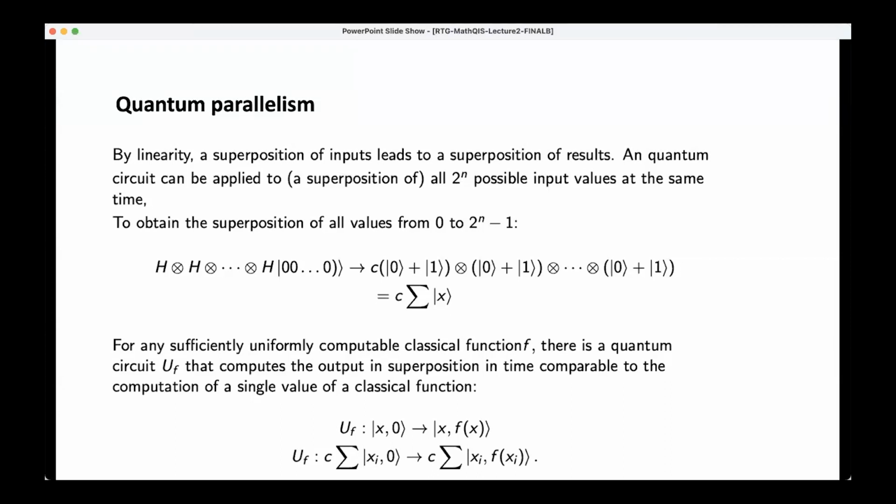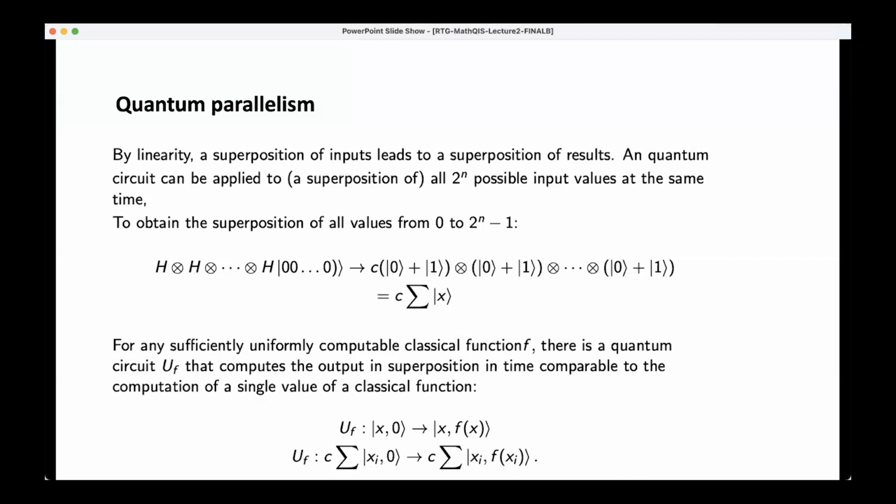We are going to discuss why this is true. For any sufficiently uniformly computable classical function f, there is a quantum circuit U_f that computes the output in a superposition in time comparable to the computation of a single value of a classical function. So this is the thing that we're going to devote a lot of time trying to prove next time.